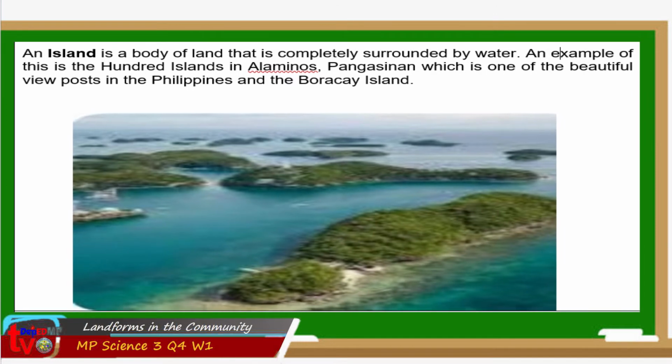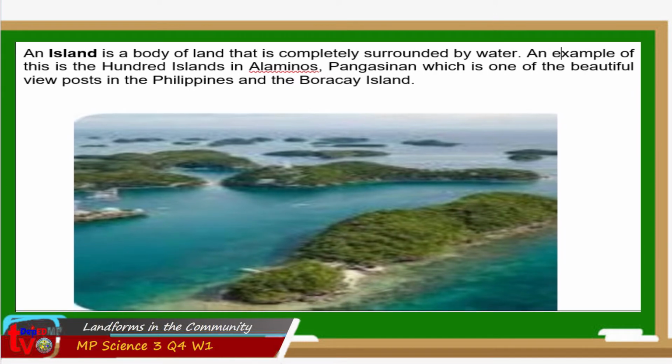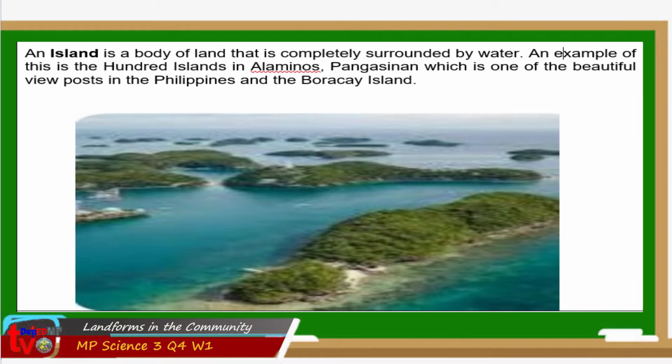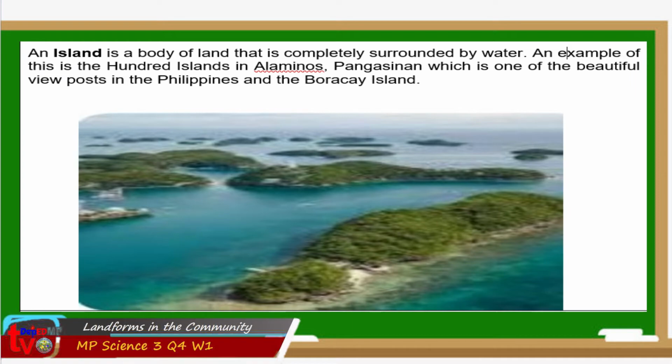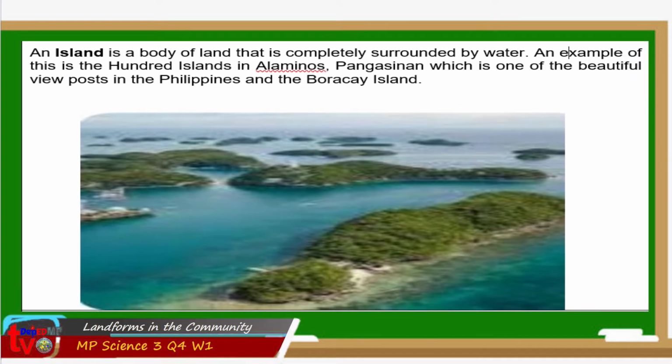An island is a body of land that is completely surrounded by water. An example of this is the Hundred Islands in Alaminos, Pangasinan, which is one of the beautiful viewpoints in the Philippines, and also Boracay Island.